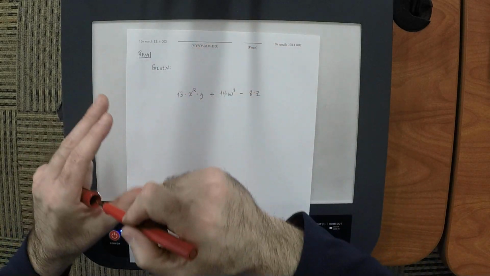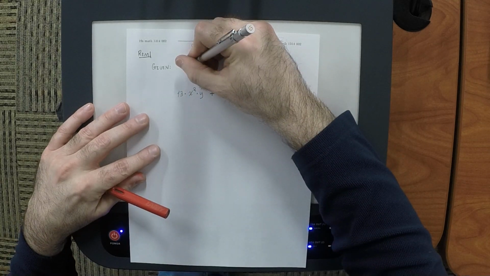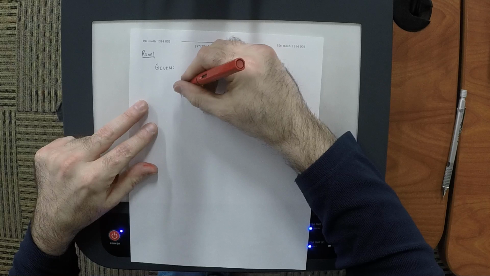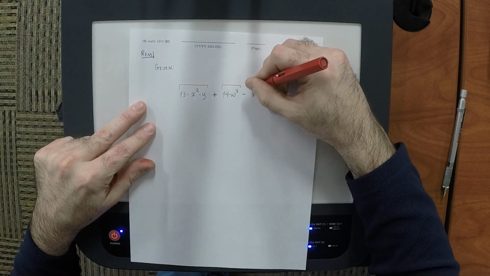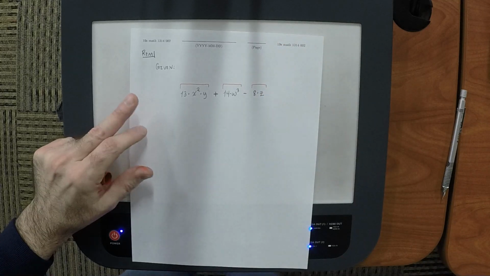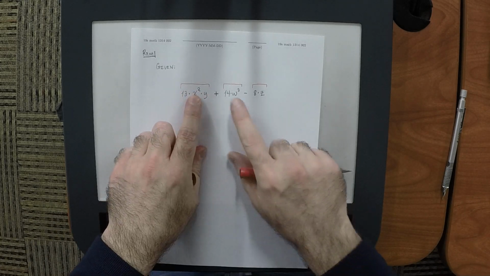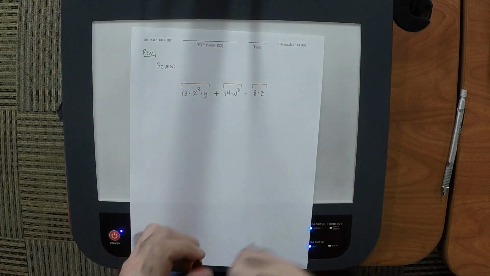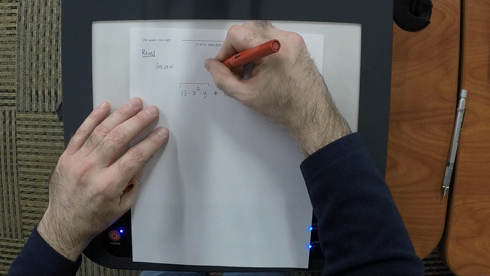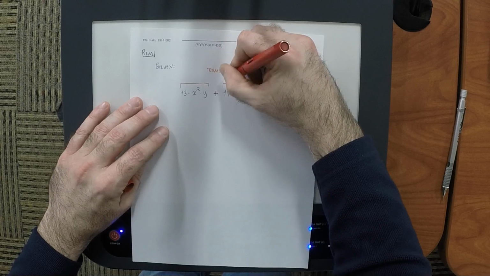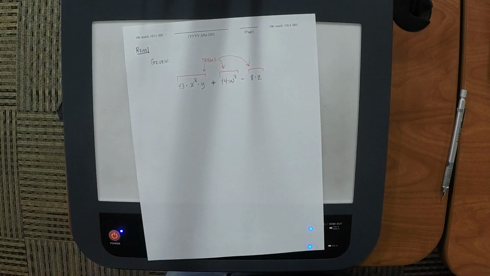The things that are separated by pluses and minuses, so this one, that one, and that one, they're all separated by an add or a subtract. These things are called terms: parts of an expression that are separated by pluses and minuses.